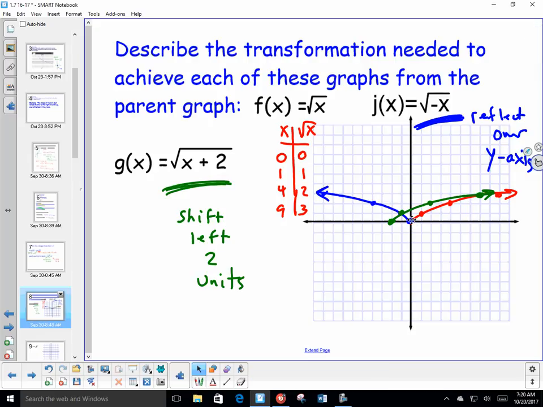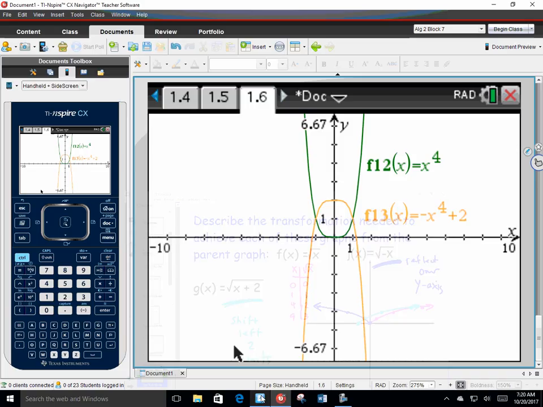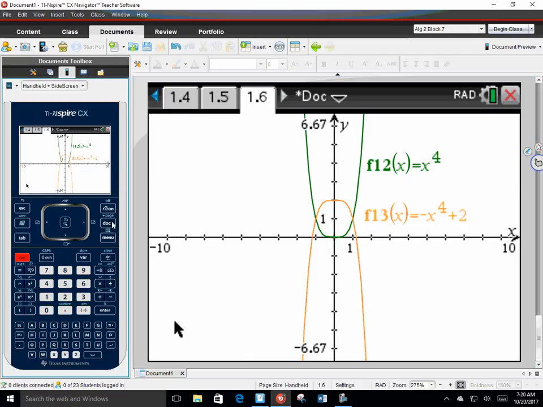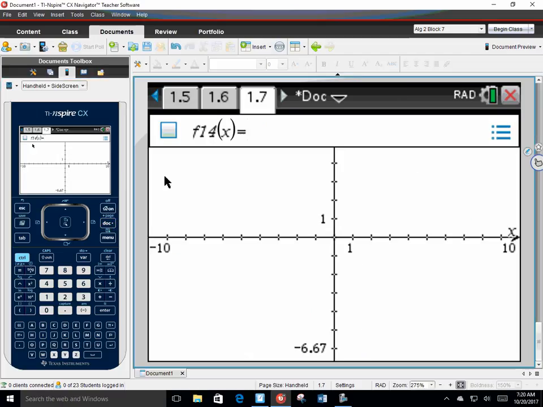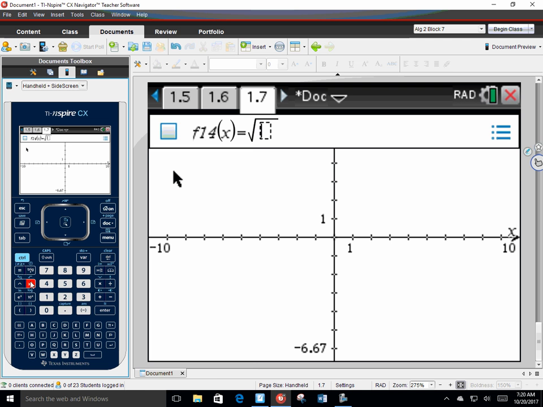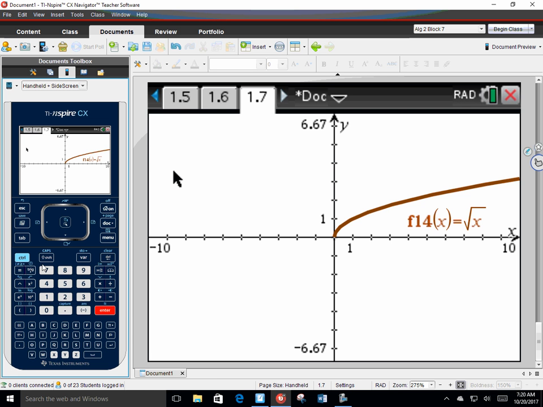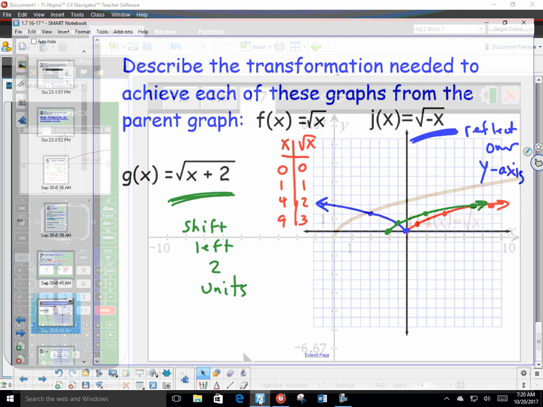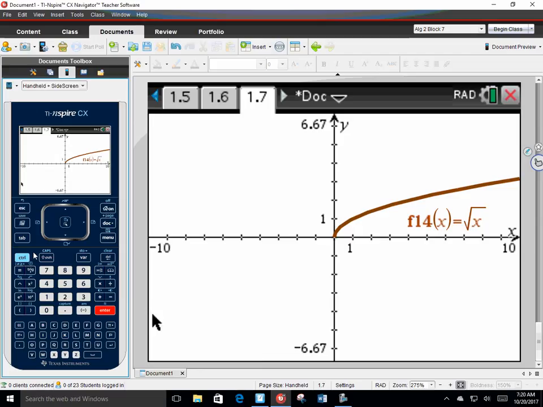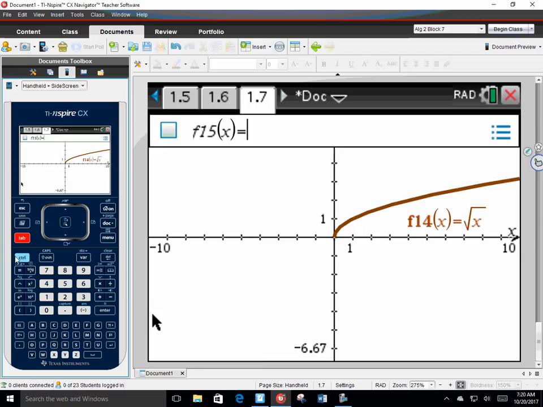All right, let's check this on our calculator. So these are the graphs that we're verifying. Square root of x, I'm adding a new page. I want square root of x. That's my parent function. And next up, I wanted square root of negative x.